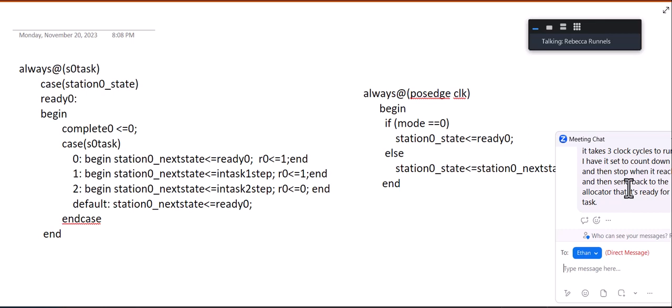So that's another way of doing things, that rather than having it do a Mealy output the way I did, this suggestion is that you have a different output for the stations that just counts down, and when it gets to zero, rather than having the output come from whatever the input is, it just sends to the allocator when it's ready. So that would be another way of doing it. So yeah, I don't see any issue with that. It's a different way of doing it, and it sounds good to me.